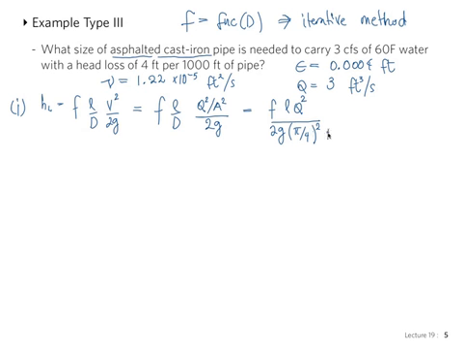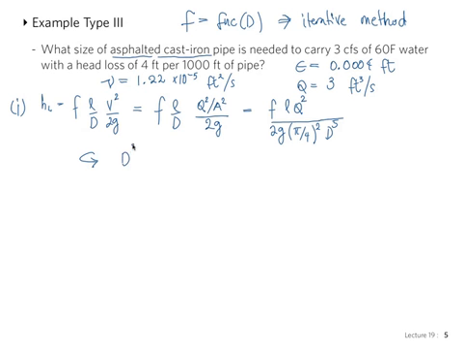So diameter to the power 4 plus 1 diameter, that's 5, because there's one already here. So we have 5 diameters. Everybody clear with that? Sounds good.